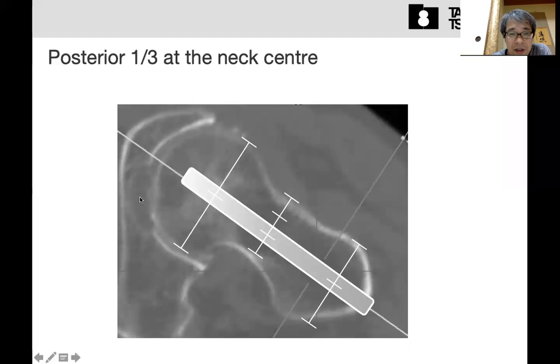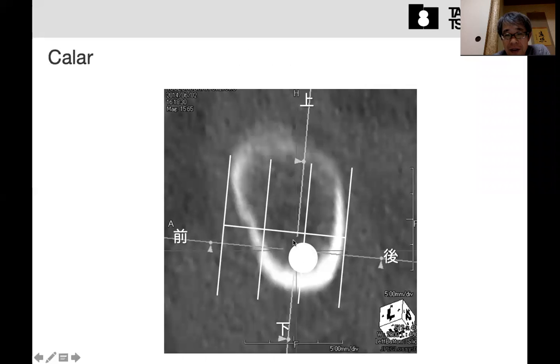If you want to insert this screw at the center of the femoral head, you should aim at the posterior third in the femoral neck. Again, the femoral neck shape is like this, not oval.